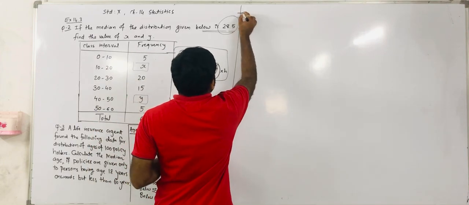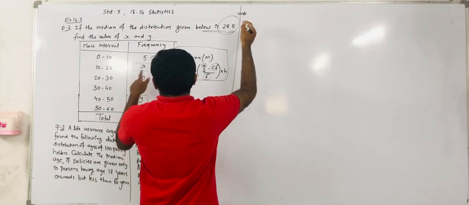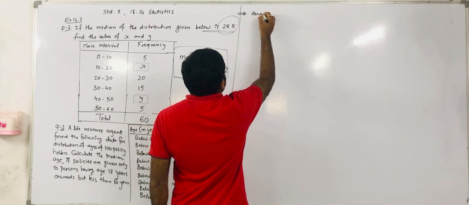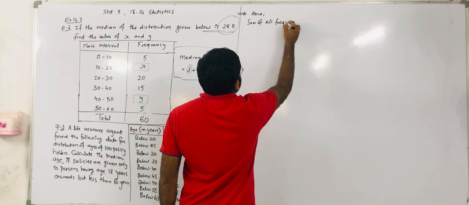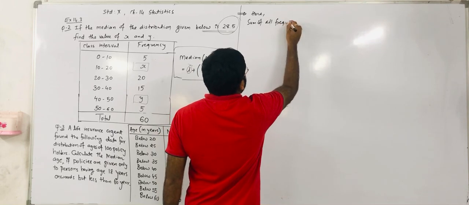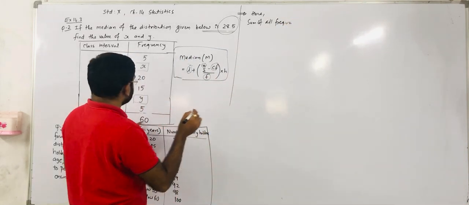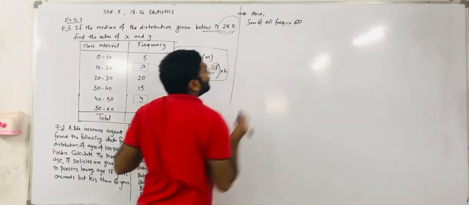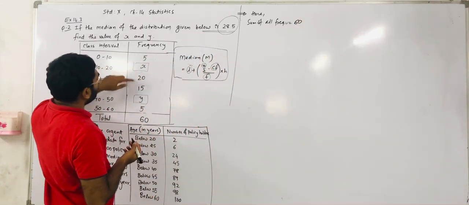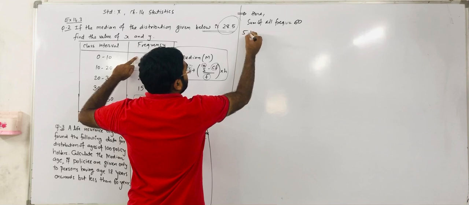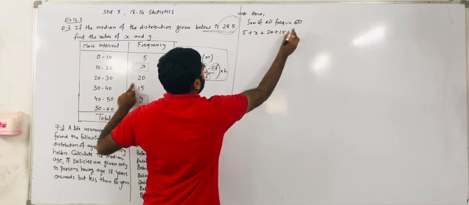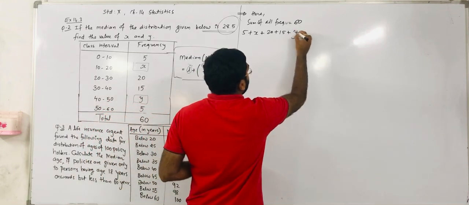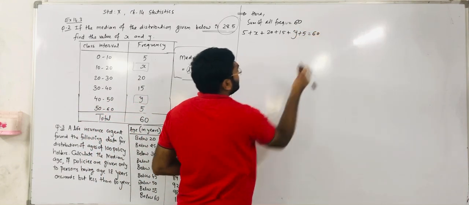So for the question number 2 solution, I represent the sum of all frequencies, which is equal to 60. So the sum of all frequencies: 5 plus x plus 20 plus 15 plus y plus 5 is equal to 60.